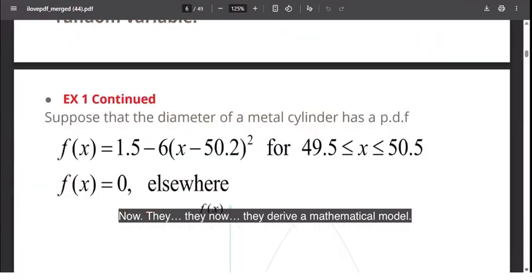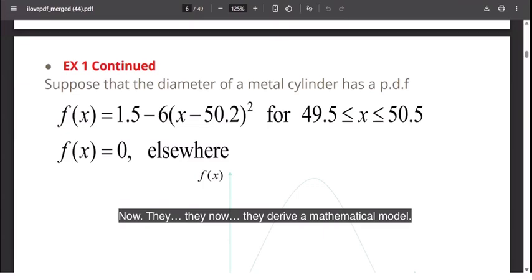Now they derive a mathematical model that enables us to compute the probability that the diameter will take a particular value within the interval.